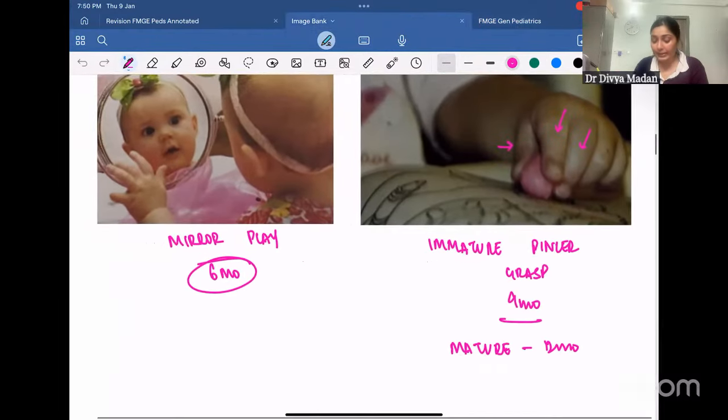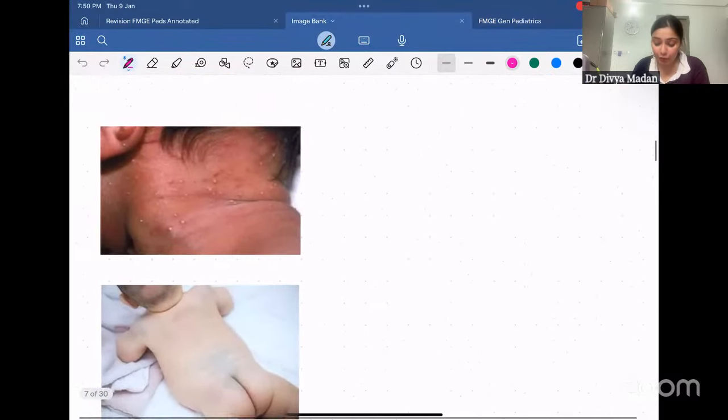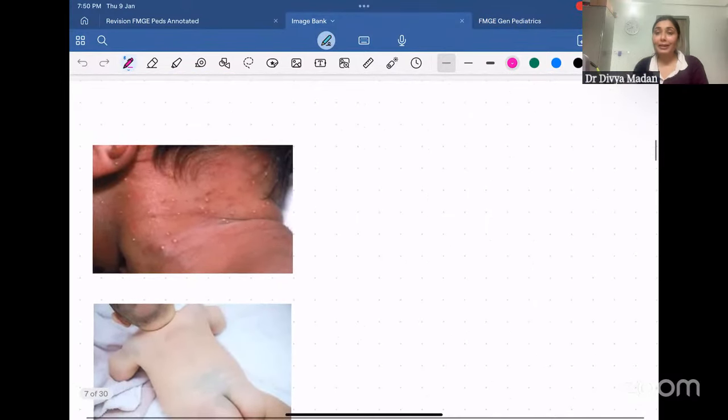So we discussed this general nutrition topic, coming down to neonatology, coming to the benign conditions that you see in the newborn, right? So the first condition, what can you see here?